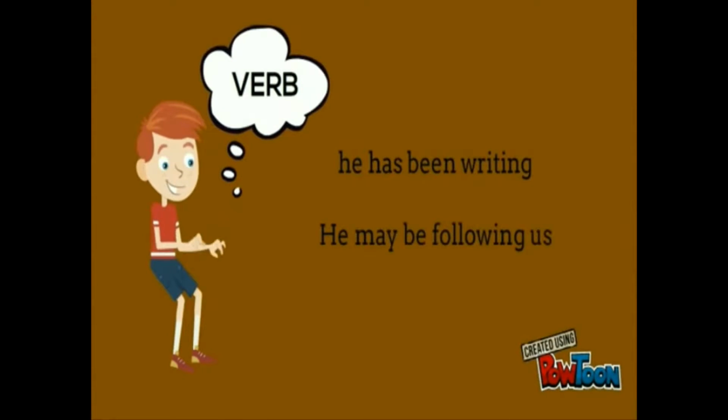Next, verb phrase. Example, she has been singing. Has been singing, it is a verb phrase. And he may be following us. May be following us, it is a verb phrase.